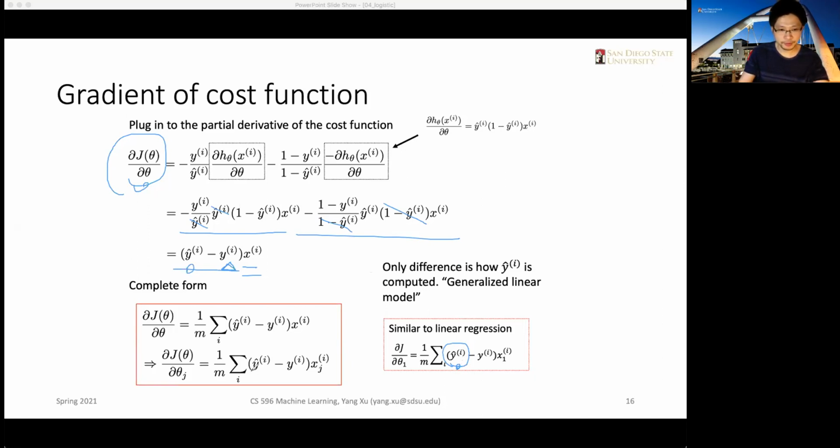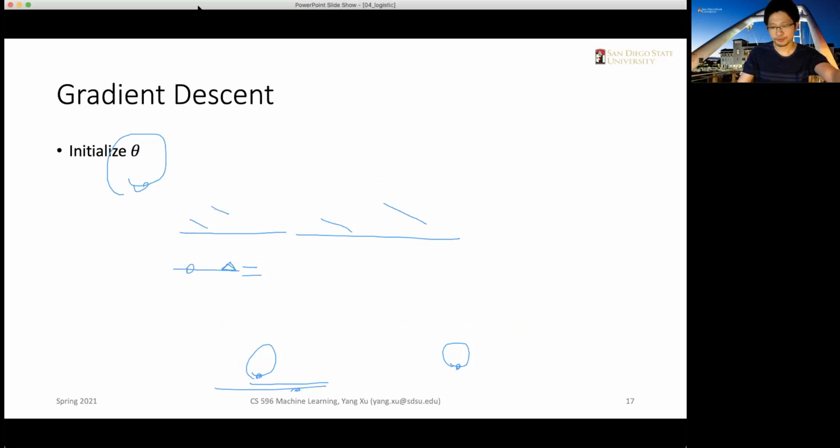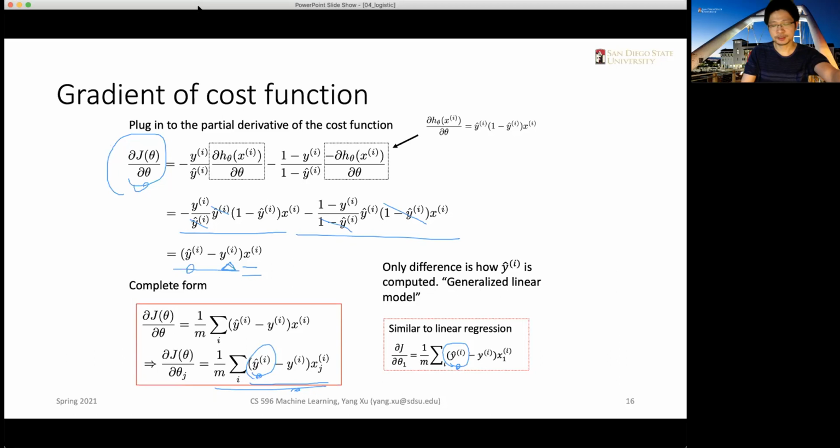But in logistic regression, y hat is the output of the sigmoid function. That's the only difference. The form of the gradients for logistic regression is the same as for linear regression. In statistics, we call logistic regression a type of generalized linear regression, because it's basically the same form of how we compute the gradients.